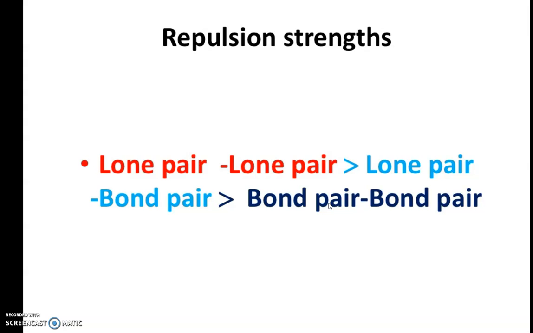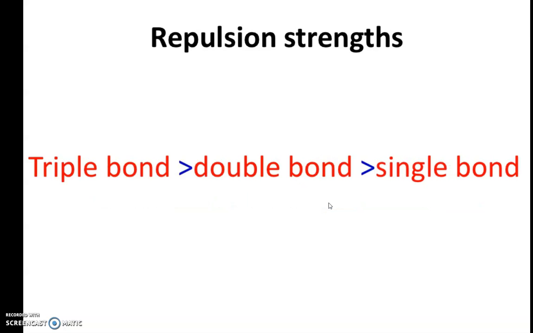In order to decrease the repulsion, the electrons move as far apart as they can and rearrange. Regarding repulsion strength, a triple bond has high repulsion, a double bond has less than a triple bond, and a single bond less still.